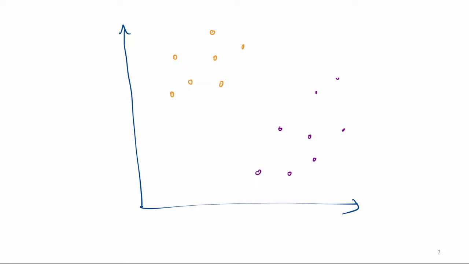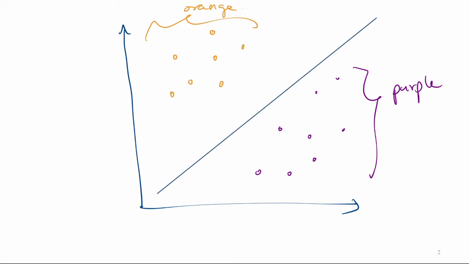We have these purple points over here, and over here we have the orange. What's special about this data set is that it's linearly separable. You can see that I can separate these two classes with a line.